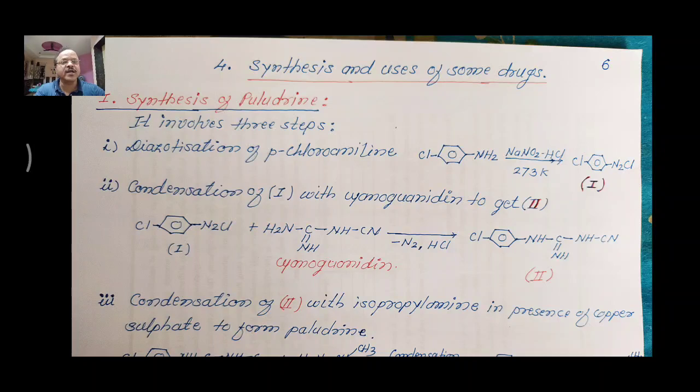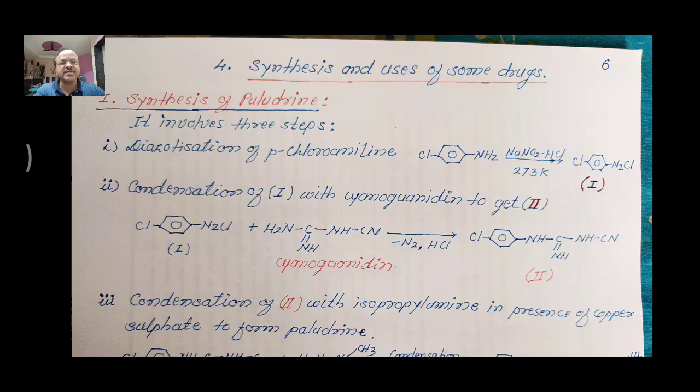Parachloroaniline is the starting compound, and its diazotization is carried out using sodium nitrite, NaNO2, in the presence of hydrochloric acid at 273 Kelvin, that is 0 degrees Celsius, which results in the formation of compound number 1, a diazonium chloride compound. So this is step number 1 in the synthesis of paludrine.